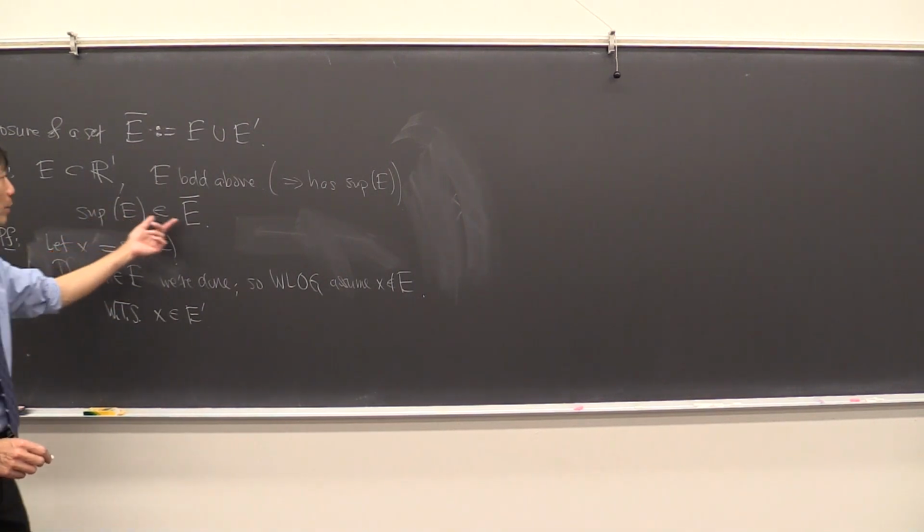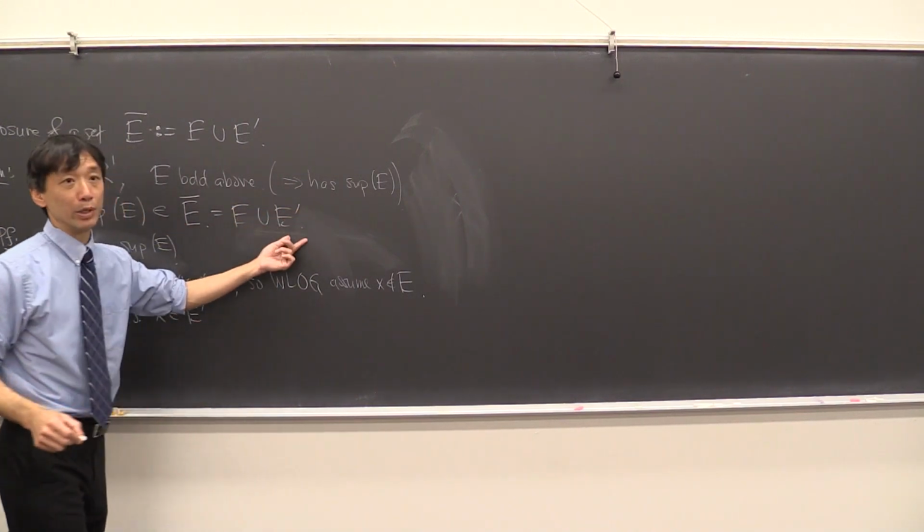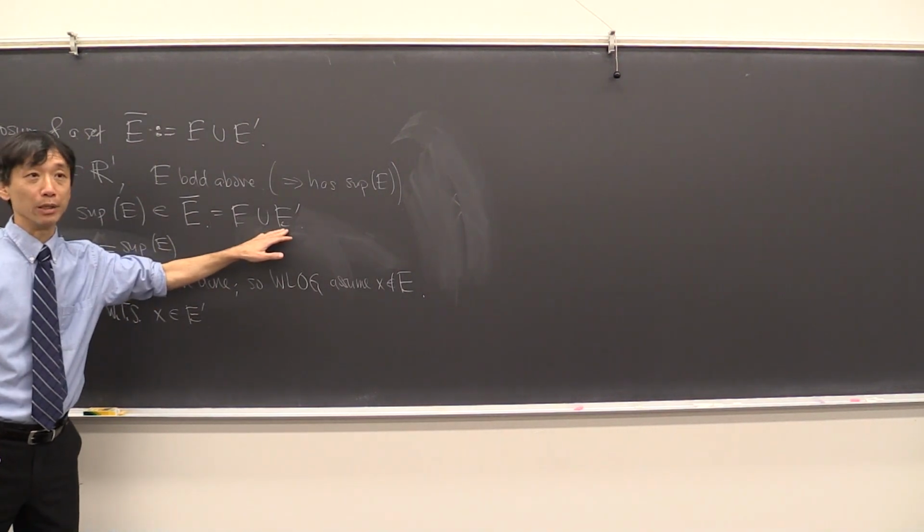We're trying to show that the supremum is either in E or it's a limit point of E. Assume that it's not in E; we'll show that it has to be a limit point.